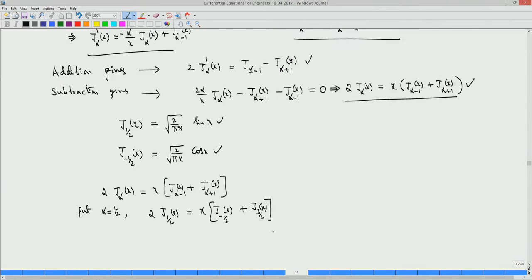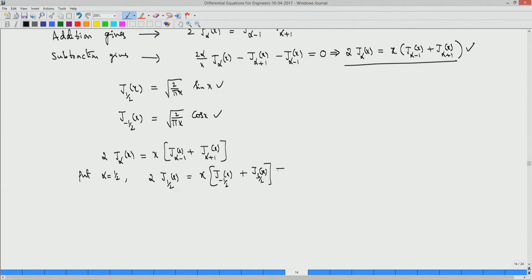So, I can get J 3 by 2 of x in terms of J half and J minus half, that is 2 by x J half of x minus J minus half of x. So, this is my J 3 by 2.